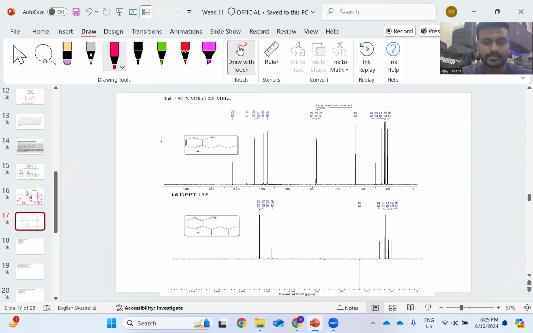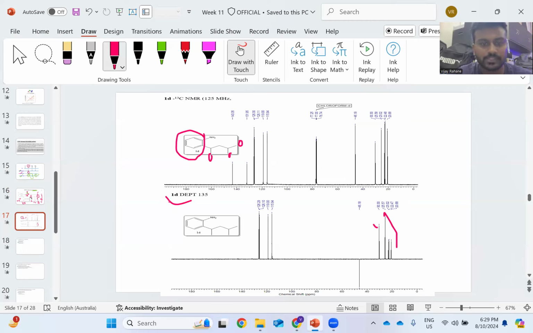This is another example that I have taken from my data. If you look at this molecule, it has some aromatic protons, right? There are some terminal CH3 groups, so obviously the CH3 comes in this region. There is one CH group, so this belongs to the CH.